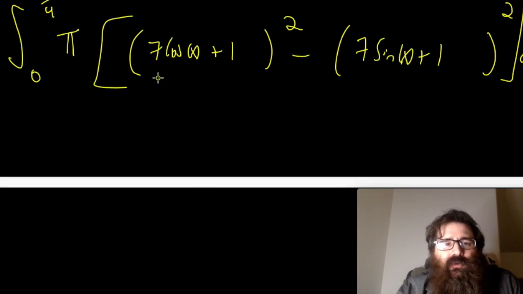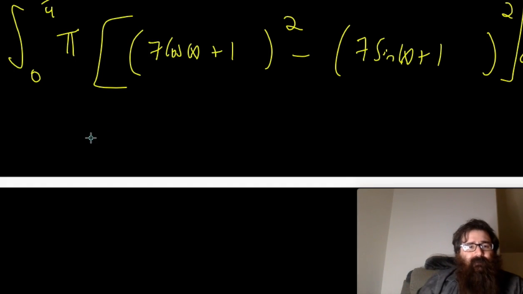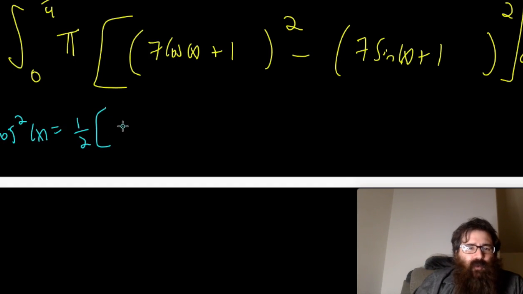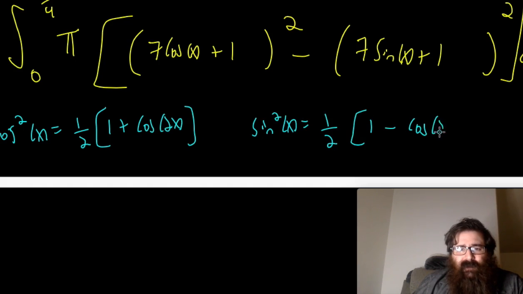I'm going to tell you what trig identities I like the most. I would be working probably with the identity cosine squared is 1/2 quantity 1 plus cosine 2x, and the identity sine squared is 1/2 quantity 1 minus cosine 2x.